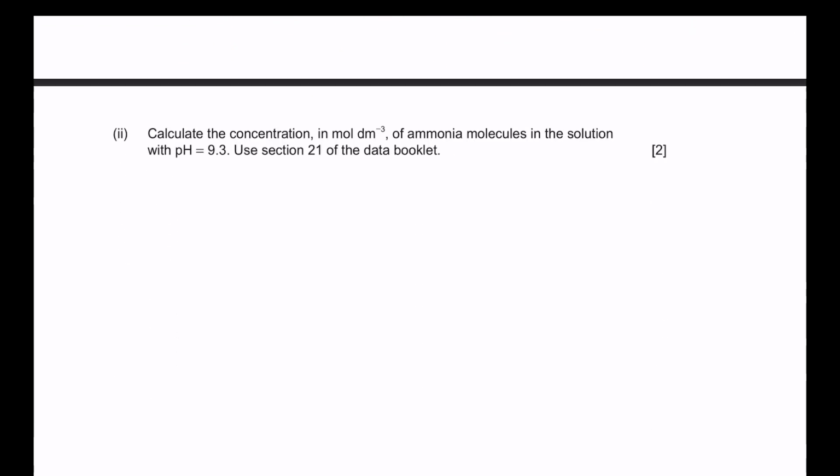Moving on to part 2, calculate the concentration of ammonia molecules in the solution with pH 9.3. Let's try to solve this question. pH given is 9.3. The reaction of ammonia, if you remember, was the reaction given.